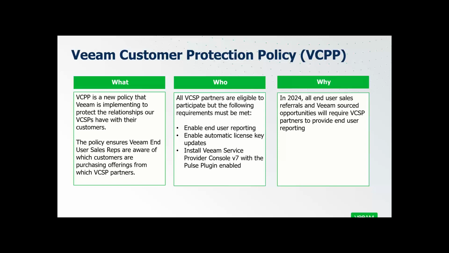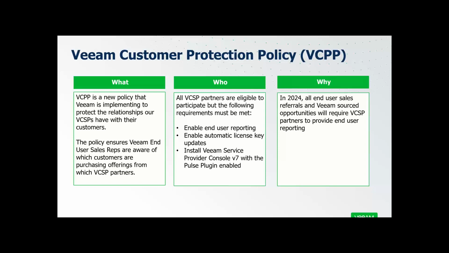They did the work to win that customer in the first place, and therefore they want us to provide a level of protection. VCPP is our way of doing this with the service providers. You've done the hard work to win the backup as a service, DR as a service, M365 as a service, and therefore we need to protect you and make sure you're engaged moving forward.